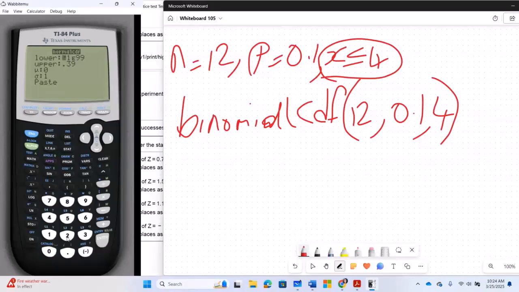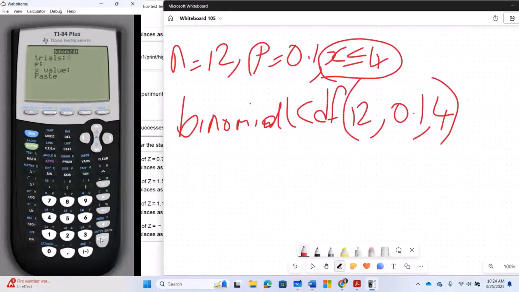I'm supposed to be looking for binomial, not normal. Okay, binomial CDF. Now I found it, it's B.